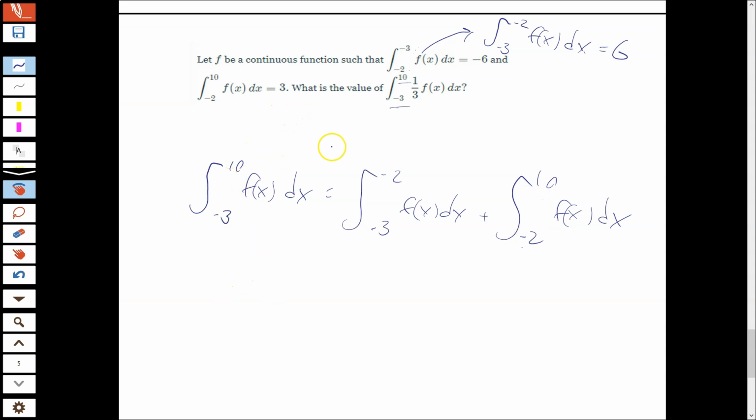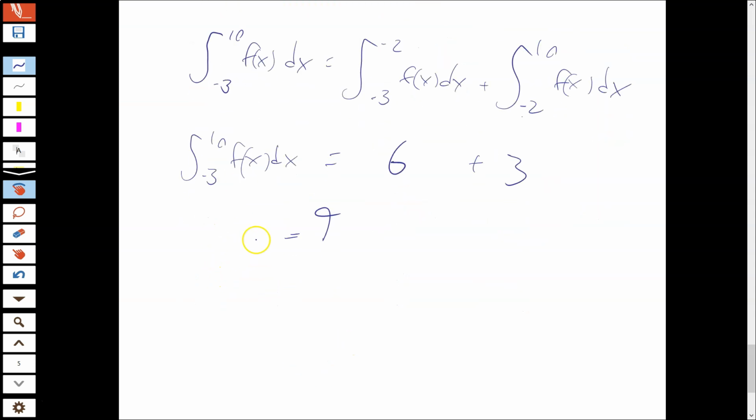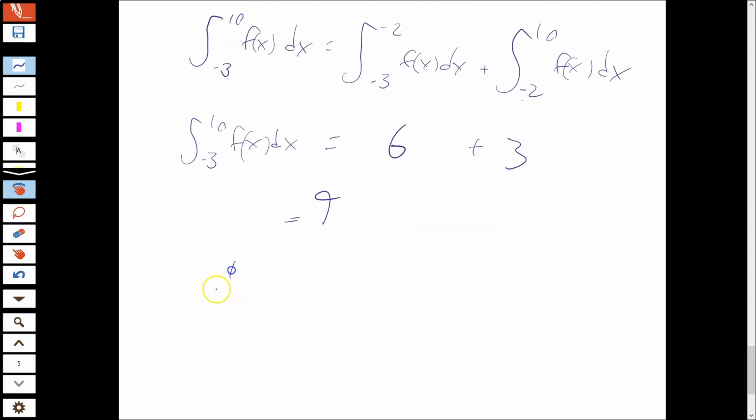So on the left is what I'm looking for this time. So this stays here. Then here I get positive 6 because this is this integral now. And then here I get plus 3. So 6 plus 3, this has to be equal to, well, that means, remember what we want is 1/3 of that, right?